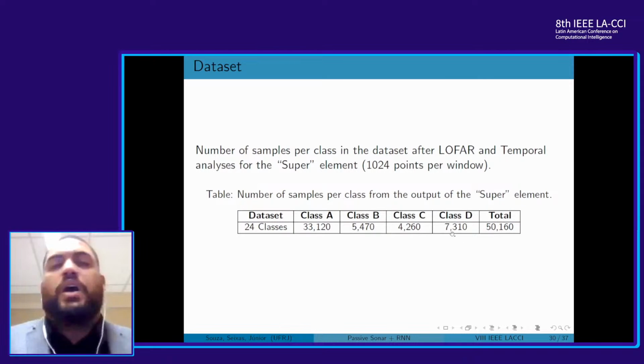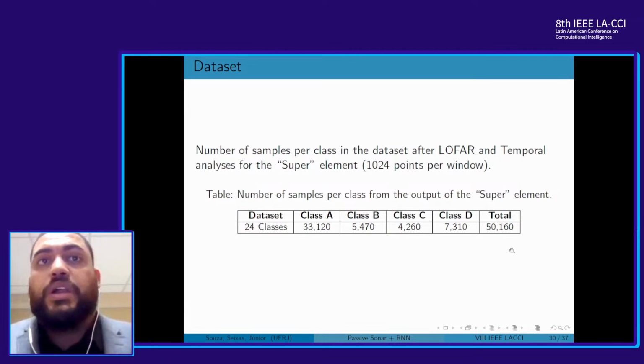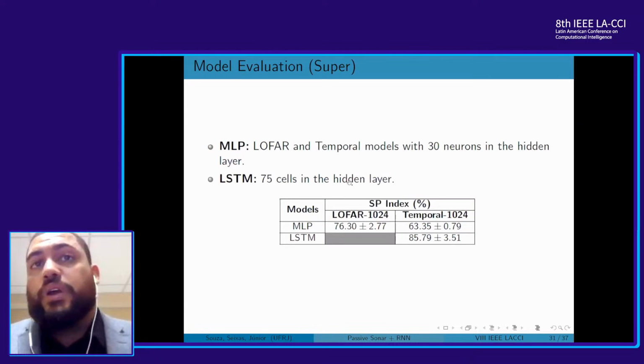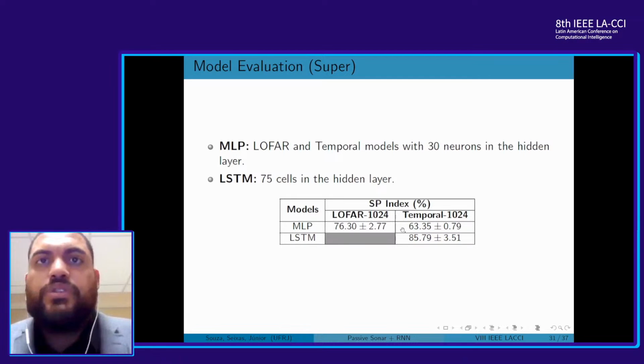Thank you very much. So we have this amount of events per class, and we get these SP index values: 76.3% with an uncertainty of 2, and 72.7%. So the MLP was beaten by the LSTM.